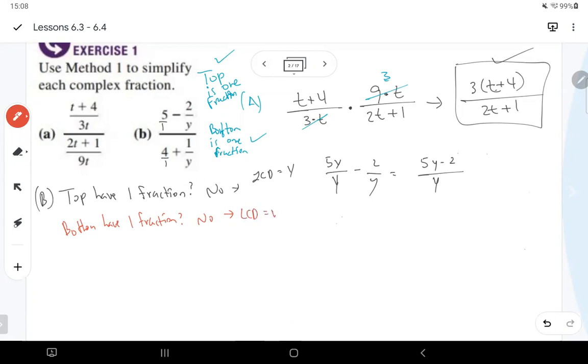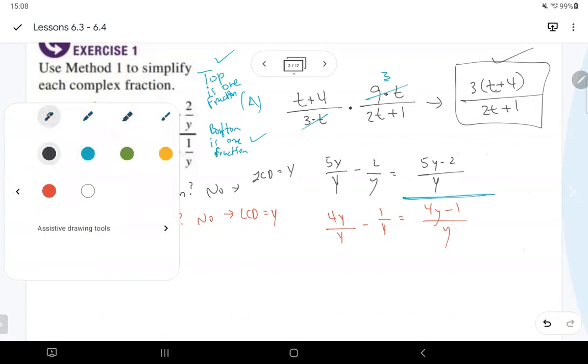You also want to use y because your only other option is 1. So if you put a y on the bottom, you have to put a y on the top. And then you just make it the big fraction again.